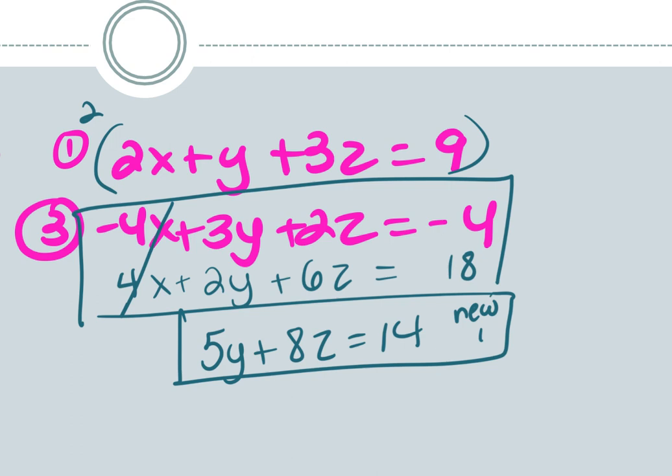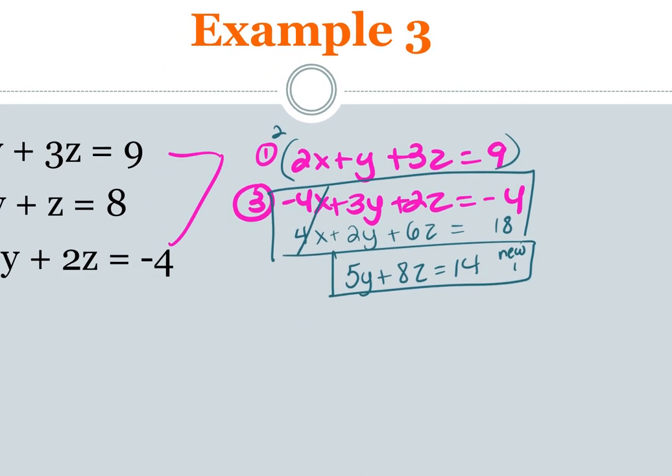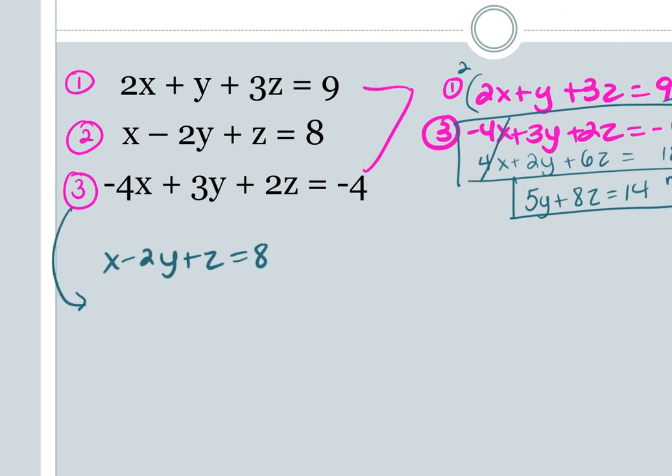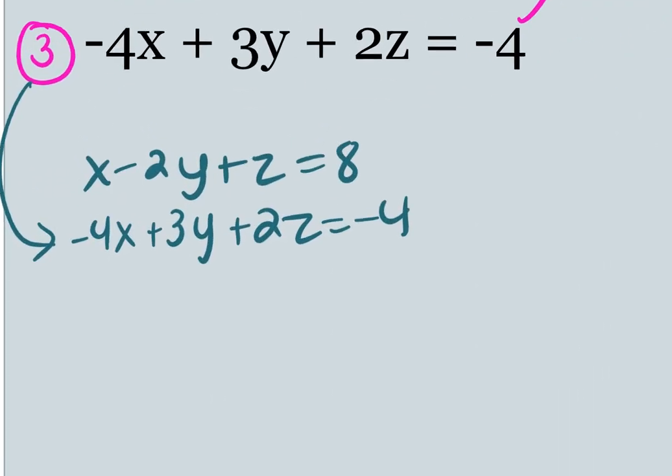Good so far. So now which one did we not use? We used 1 and 3, so we didn't use 2. We have to use 2, and we have to cancel out x. So we said if we pick 2 and 3, then we don't have to worry about the change in sign, right? So I'm going to pick 3, negative 4x plus 3y plus 2z equals negative 4. And I want to cancel out the x's.